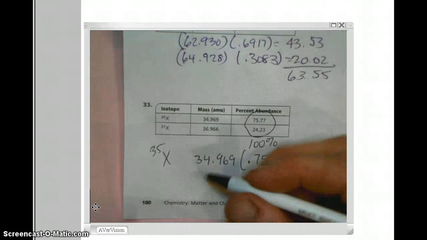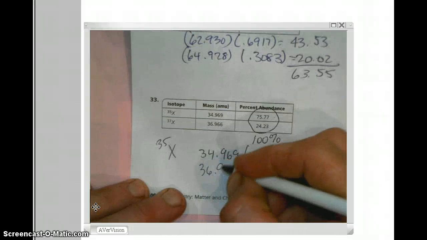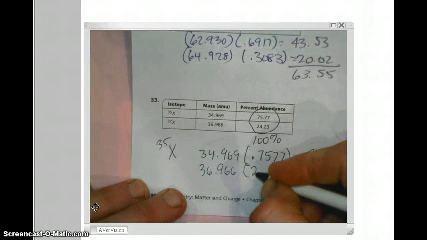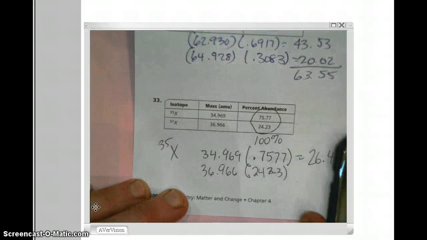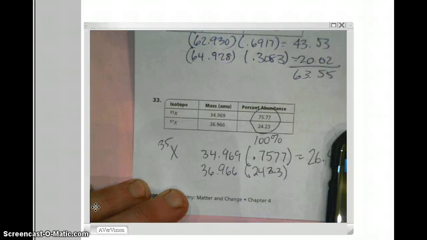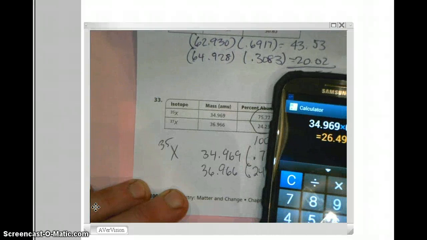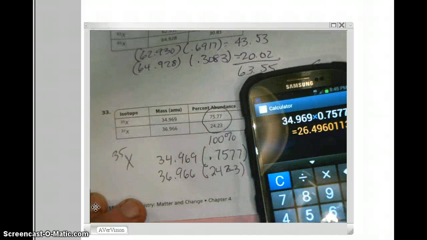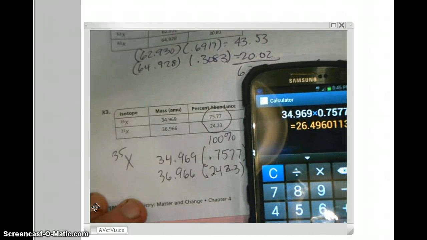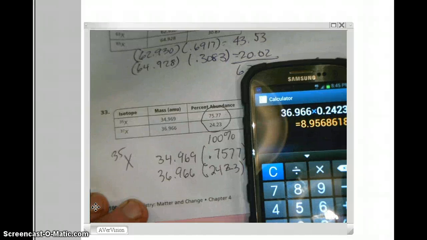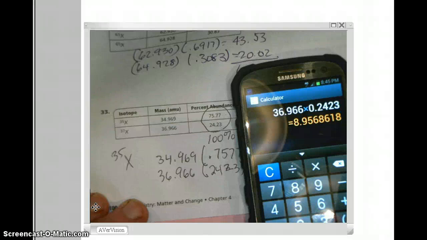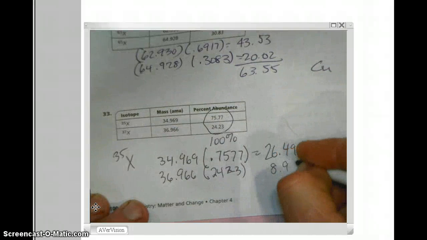So on the other one, you take 36.966 times 0.2423. So let's take 36.966 times 0.2423, and we get 8.95 or 8.96. 8.96.